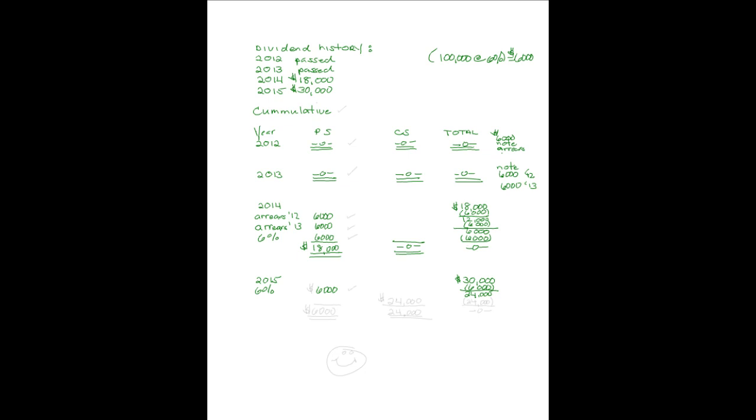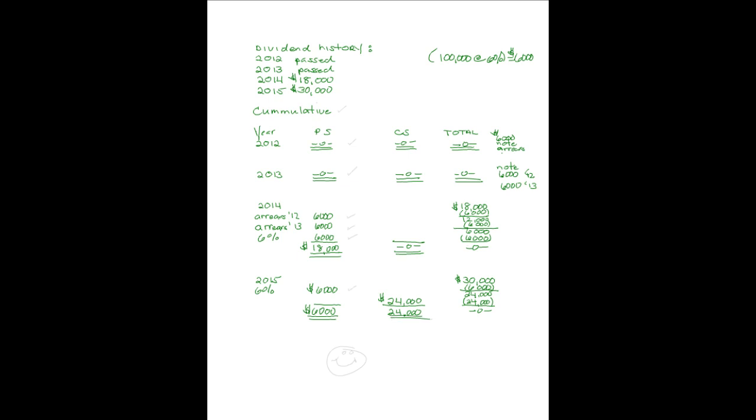There's no more dividends in arrears, and the common stockholders are entitled to the residual amount. The dividend is fully distributed, and 6,000 goes to the preferred stockholders, and 24,000 finally to the common stockholders.